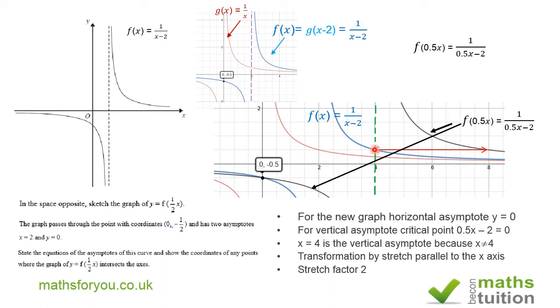So after transformation, the asymptote point at x equal to 2 now becomes x equal to 4. So we then say that the graph of f of x equal to 1 over x minus 2 has been transformed to the graph of f of 0.5x by a stretch factor of 2 parallel to the x-axis.